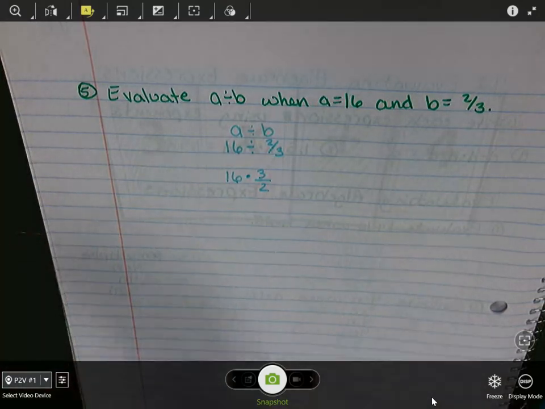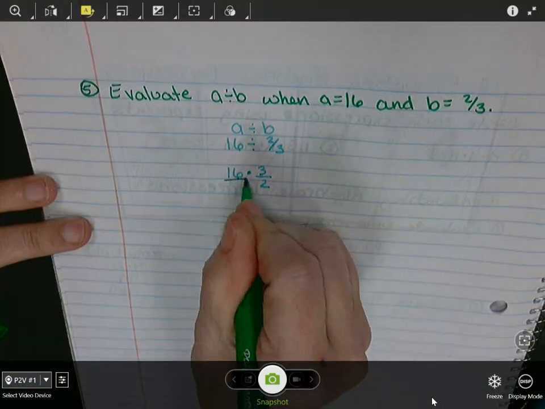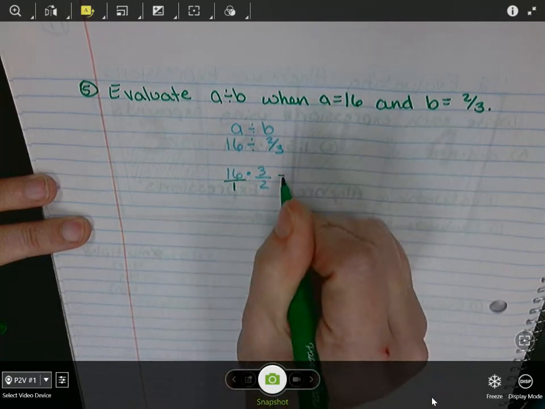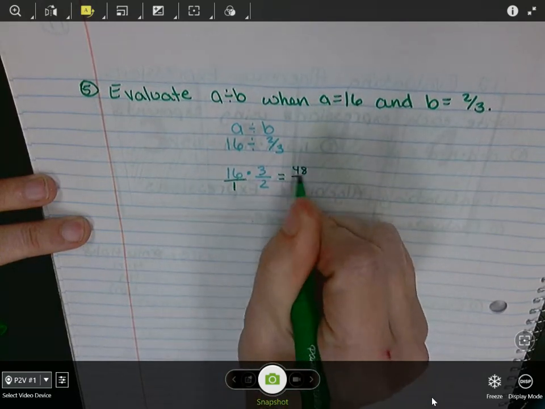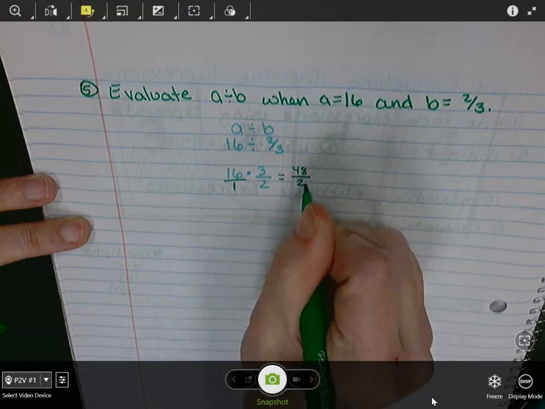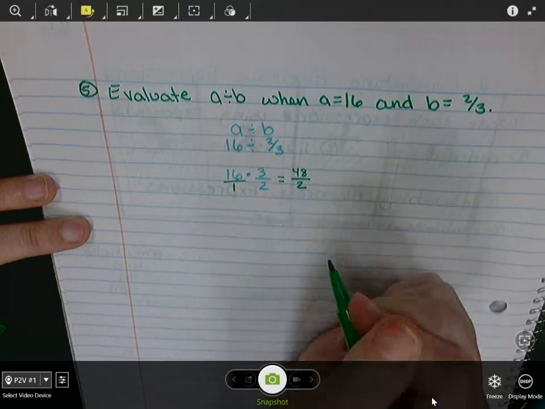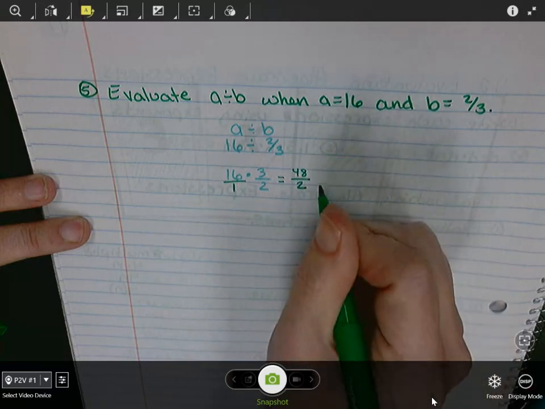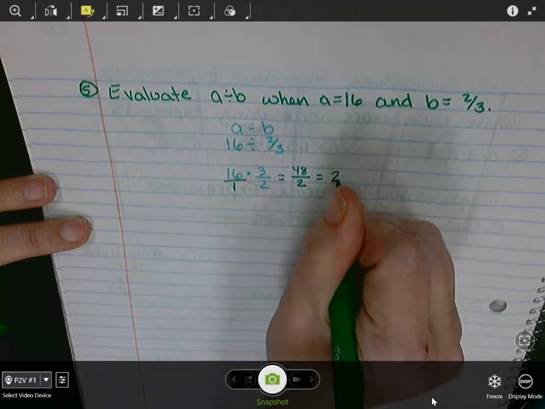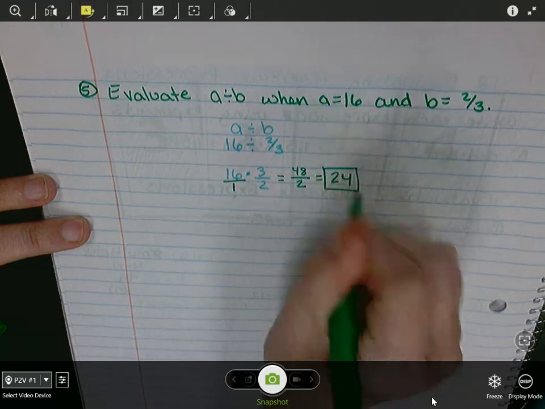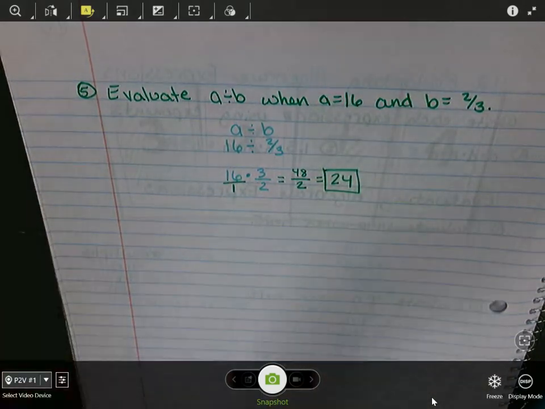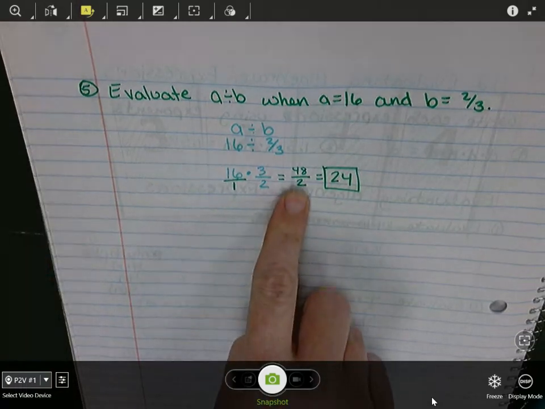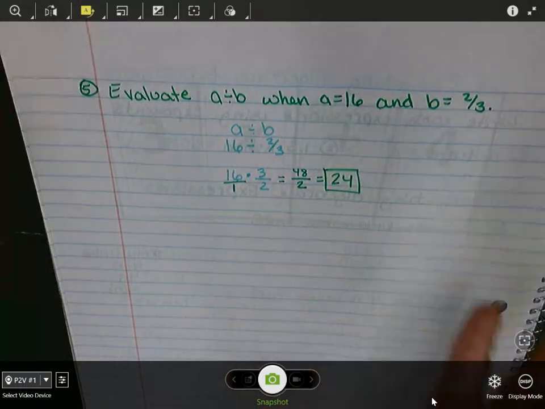If you recall, to make the 16 a fraction, you just put it over 1, and then you do 16 times 3, which is 48, and 1 times 2 is 2. And then you reduce 48 over 2, and I can divide both of those by 2, and I get 24/1, or just simply 24. So we're adding some stuff that we did a couple chapters ago to the new material, okay?